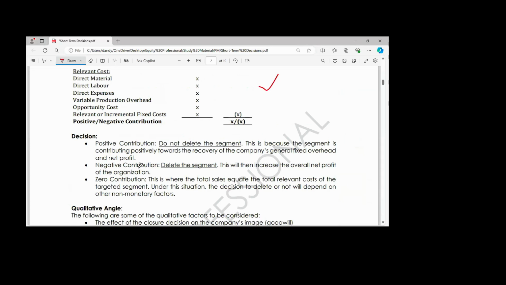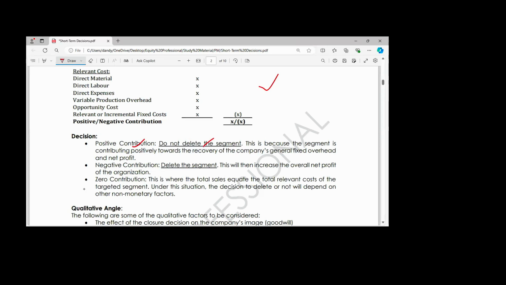once you have prepared the economic analysis using the contribution margin approach. Once you have a positive contribution, your advice should be that the company should not delete the segment, because the segment is actually contributing positively towards the recovery of the company's general fixed overhead and then net profit.